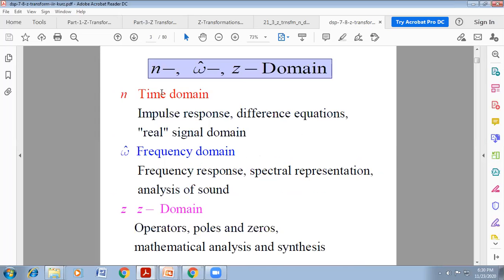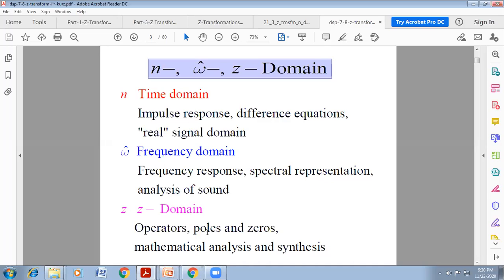In the time domain, you must know about signal processing, impulse response, difference equation, real signal domain. You have to define the domain in Z transformation like this, and frequency domain like this: frequency response, spectral representation, analysis of sound, etc. And Z domain will be operator, poles, zeros, mathematical analysis, synthesis.